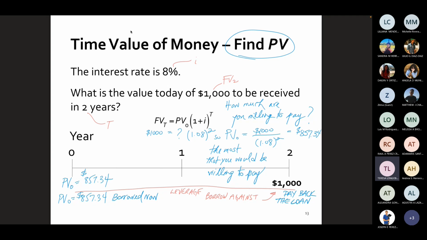This is what banks do, what insurance companies do, what funds do. They leverage. So this is a very basic example. Do you have any questions about this?